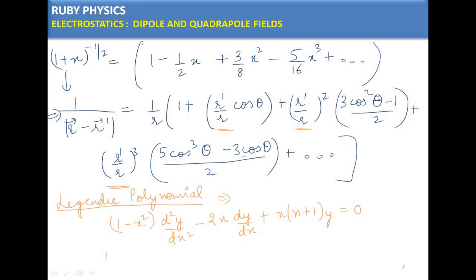The solution to this special differential equation is called the Legendre polynomial, and the Legendre polynomial is denoted by Pn(x). Okay, so how to calculate Pn(x)?